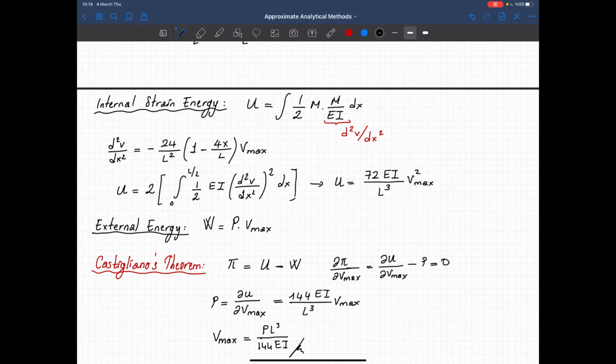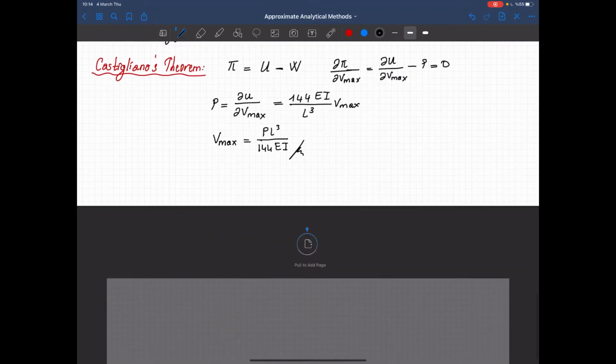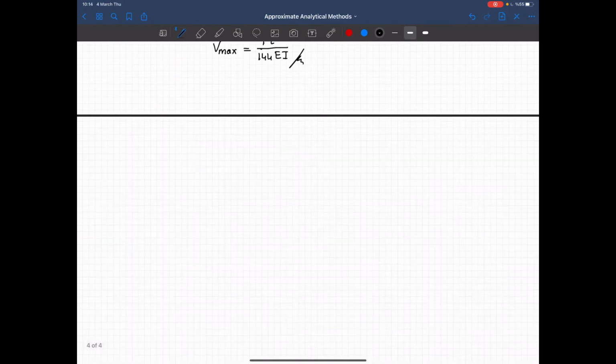So that's the approach with the Castigliano's theorem. And since that's a very simple structure, we can easily calculate the external work. I could use the Castigliano's theorem and obtain the maximum displacement.